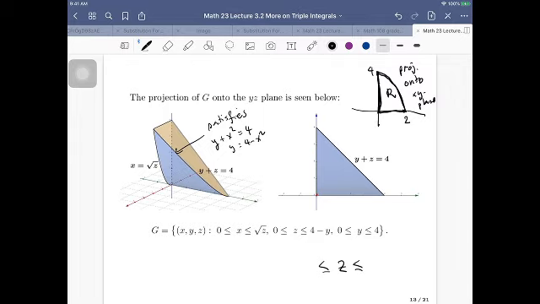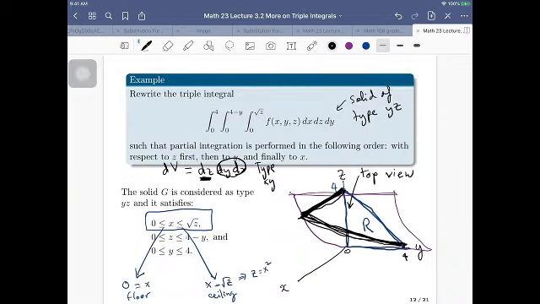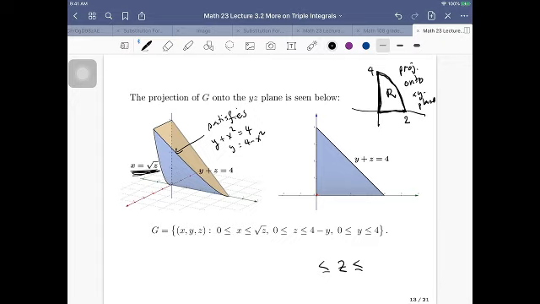Okay, so now, after getting the projection onto the xy plane, we find the limits of integration of our elevation variable, which is z. As I've told you before, it's clear that the floor function is the blue surface, the parabolic cylinder, which has equation z equals x squared. I just squared both sides.